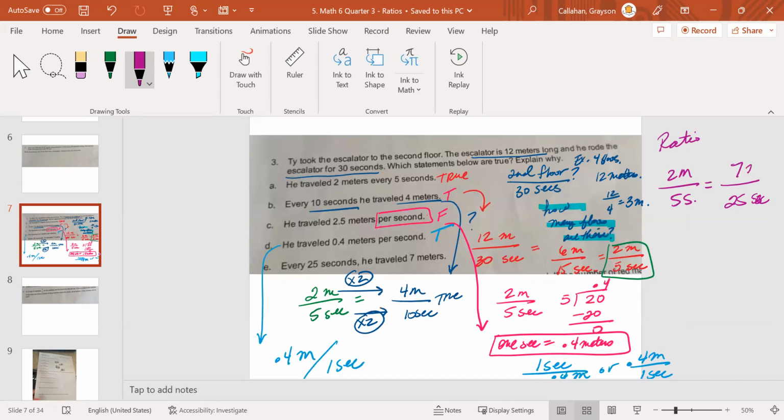Does it equal 7 meters? Well, you got to look at this. How do you get from 5 to 25? What did you multiply? 5. 2 times 5, does that give you 7? No. So this is false. And that's the reason for it. Do you see that? Okay.